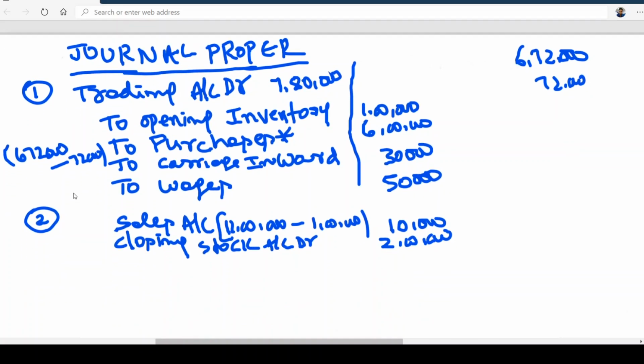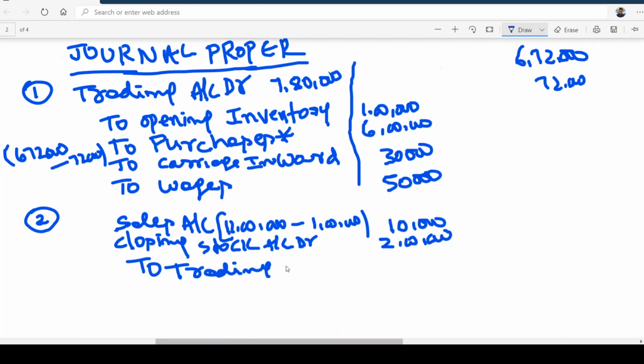Okay. Trading account, 3 lakhs. It is sales account 12 lakhs minus 1 lakh, 10 lakhs, sorry. It is coming to 12 lakhs.